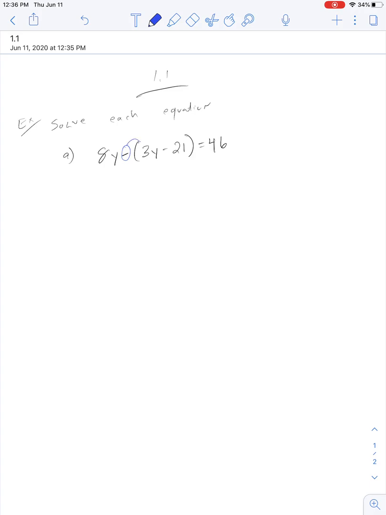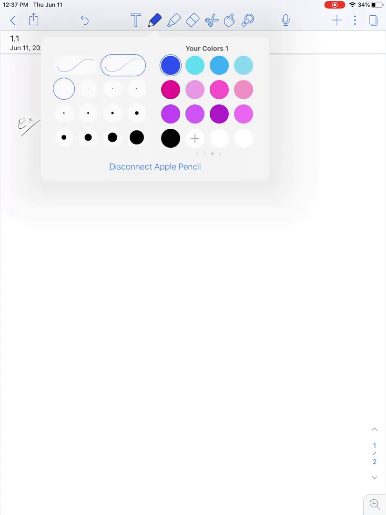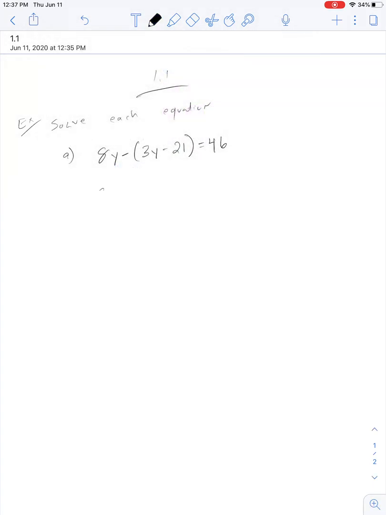We're going to distribute this negative to each one of those terms. And distributing that negative symbol will eliminate that parentheses because we never want parentheses. So that distribution will leave us with 8y minus 3y plus 21 equals 46.